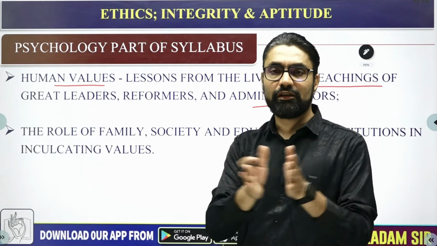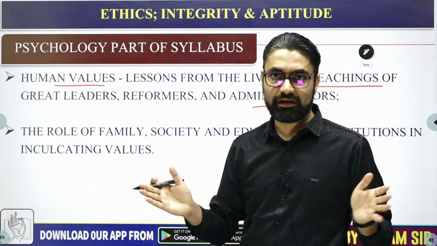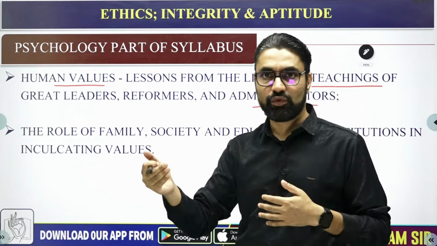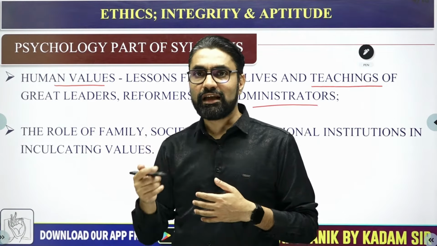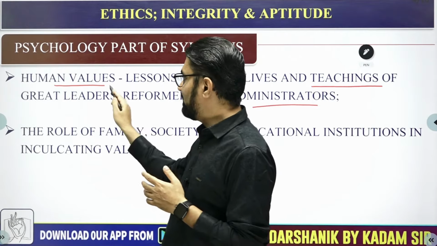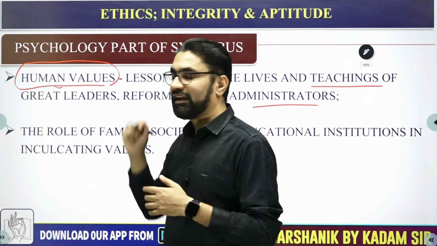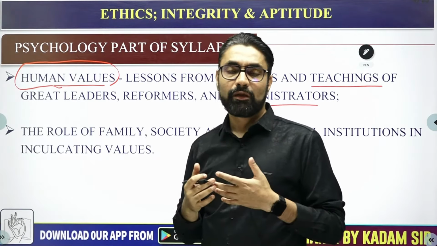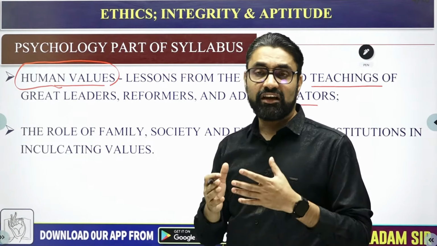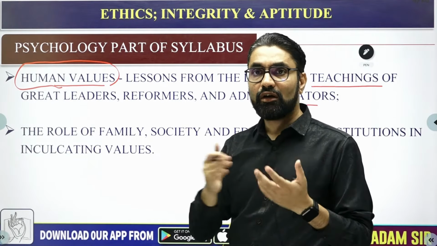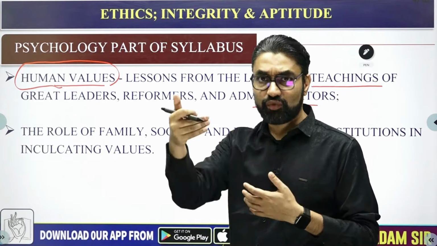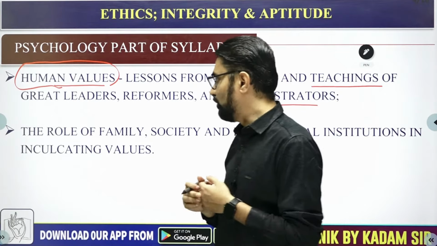We can't separate the syllabus into watertight compartments; a large part overlaps. But here we will focus more on the word values: what technically values mean and their relation with different topics and concepts. So the value system part we will focus on in more detail.